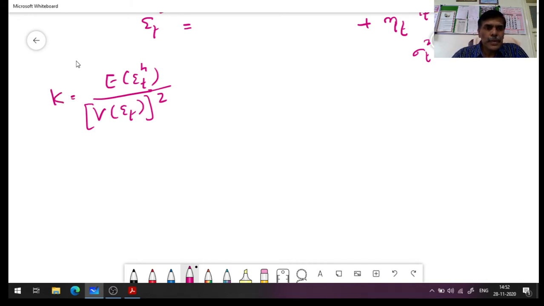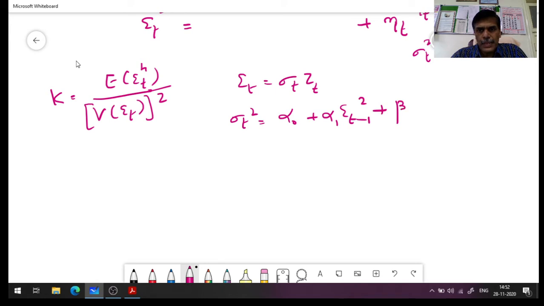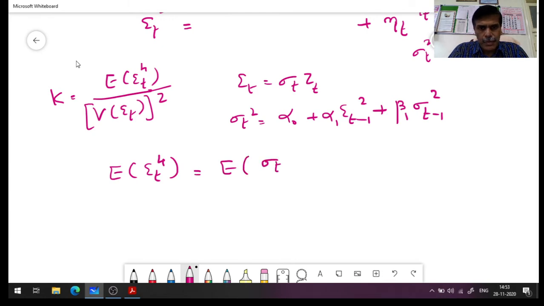So epsilon t equals sigma t zt, and sigma t square equals alpha naught plus alpha 1 epsilon t minus 1 square plus beta 1 sigma t minus 1 square. This is my equation. When I compute epsilon t to the power of 4, I take the expected value of sigma t to the power of 4 zt to the power of 4.